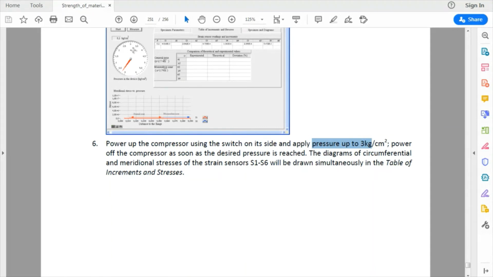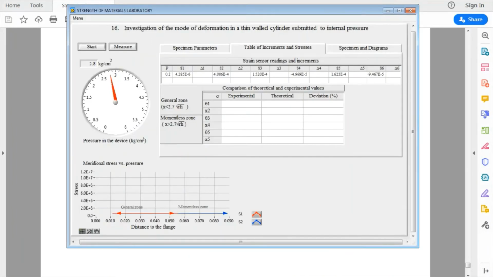So I will run the compressor and at the same time I'll be measuring the pressure on the device. So this is to make sure that I have zero pressure. Let's start again. Start. Good.